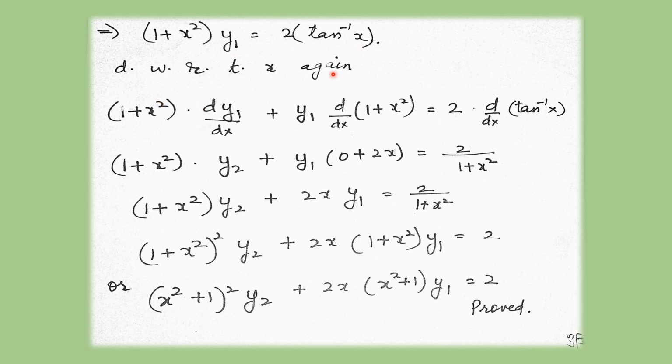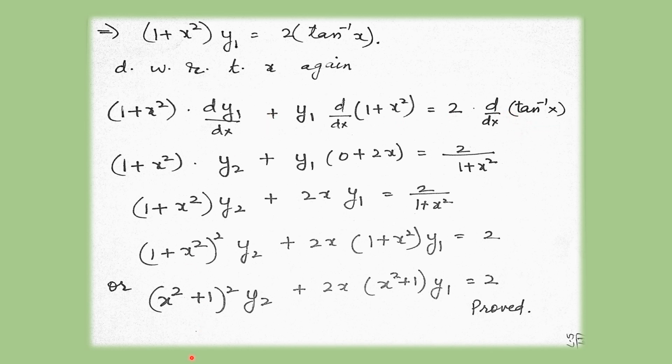Now, differentiate again with respect to x. You will get 1 plus x square into dy1 upon dx plus y1 as it is, d by dx of 1 plus x square, because here you applied the uv formula: first function as it is multiplied by the derivative of the second function, plus second function as it is multiplied by the derivative of the first function, is equal to 2 d by dx tan inverse x, right?